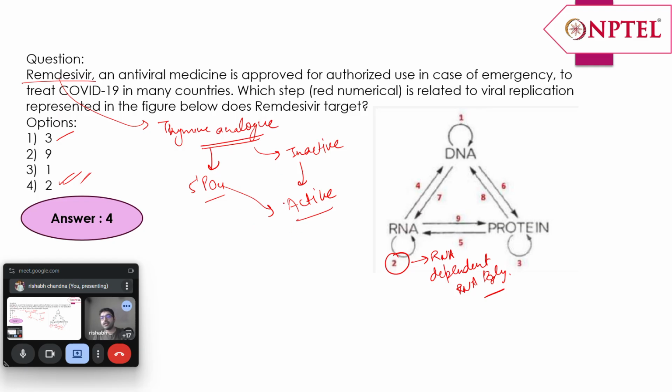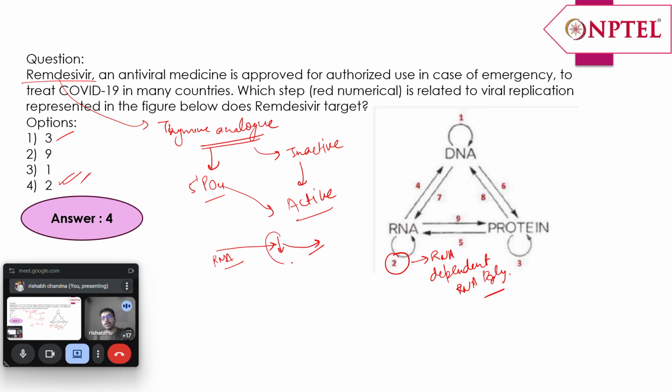Whenever it attaches to a growing RNA chain using RNA polymerase, once remdesivir is attached here, it will not be able to complete its RNA replication.